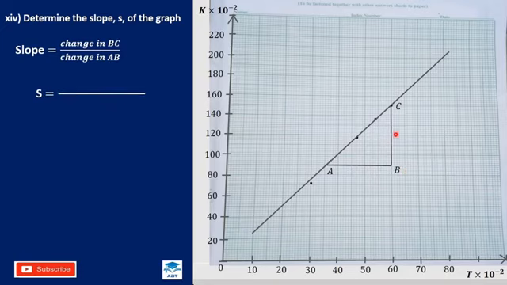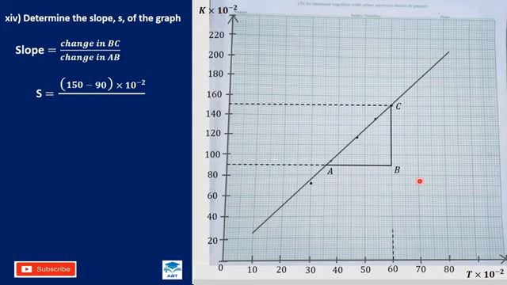So for change in BC, we have 150 minus 90. Remember, times 10 exponent -2.